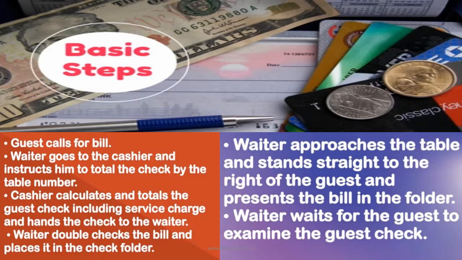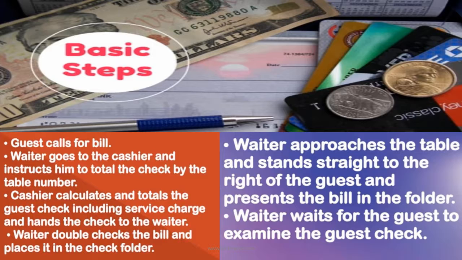After the client, or the guest, or the customer in general finishes his meal, he or she calls for the waiter to ask for the bill. The bill is the amount of money the customer has eaten, for example, or is charged with.